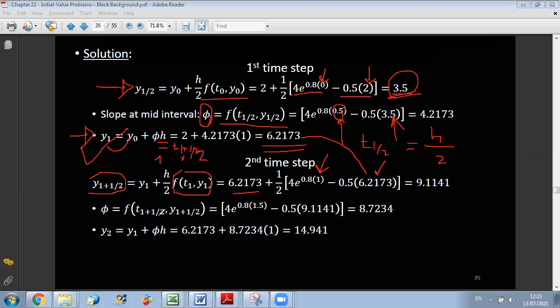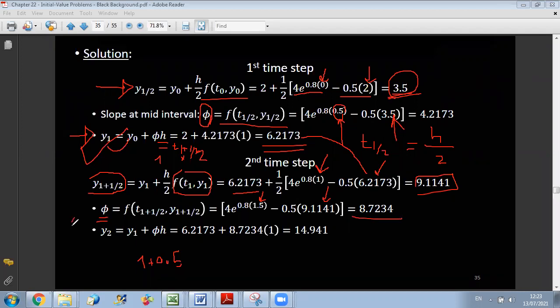Now t1 plus half is 1 plus h over 2, which is 0.5, so it's 1.5. And y at 1 plus half, we just evaluated, it's 9.1141. So we replace t by 1.5 in the y prime equation, and we replace y by 9.1141. Then we get the mean slope in the interval between 1 and 2, which is now 8.7234.